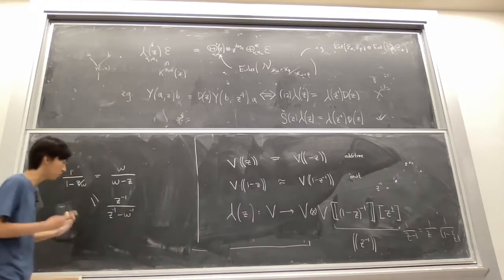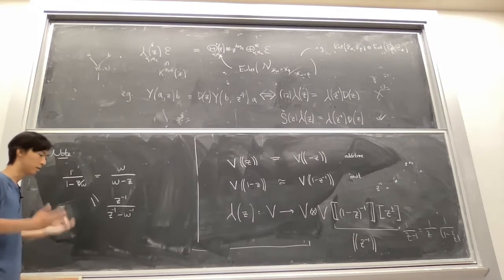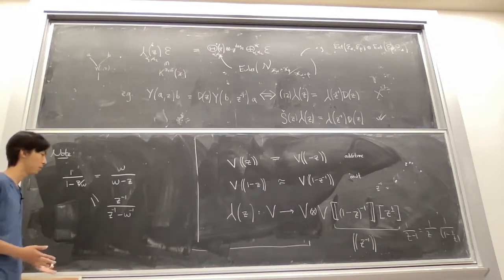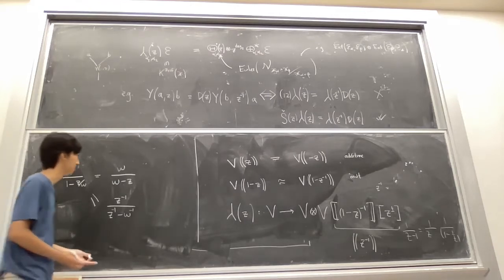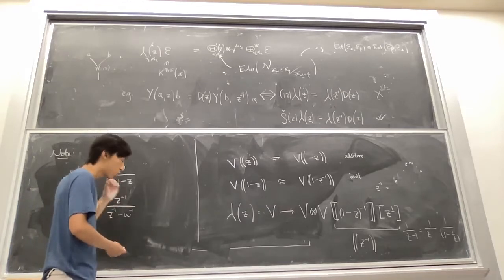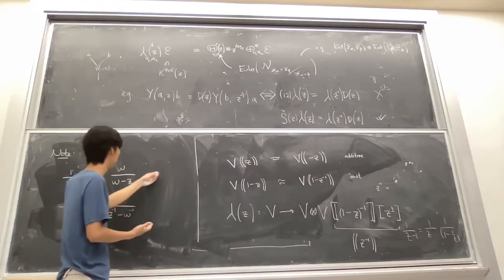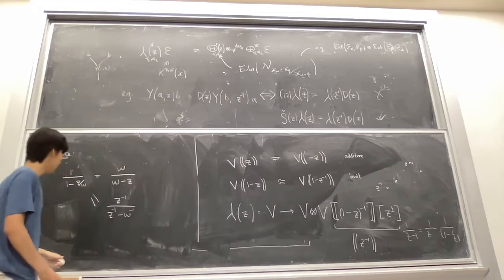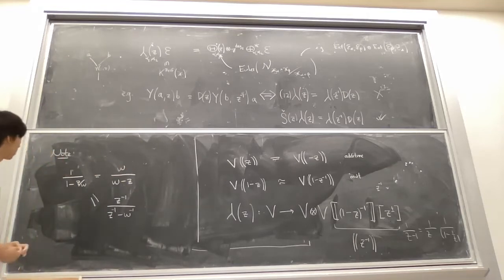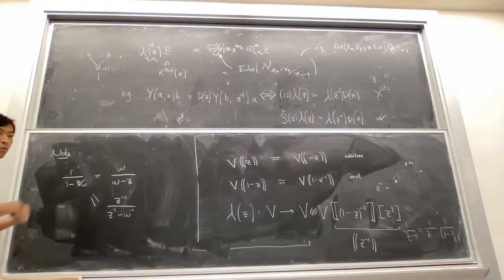And now I can expand meromorphically in 1 minus W inverse, or I can expand meromorphically in 1 minus Z inverse. And these are truly different expansions, because here 1 is special in the same sense that 0 was special in the original additive setting. It's the identity of the group.